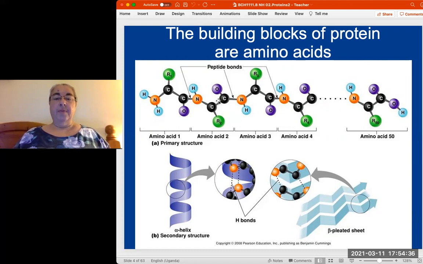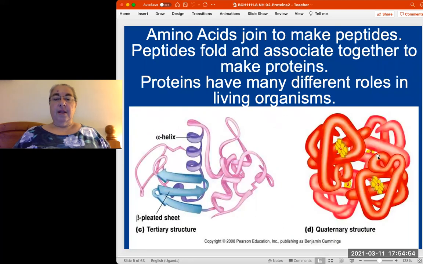Here are a number of amino acids joined together into a long chain. This chain has 50 amino acids, some are much, much longer. And this chain is then folded up to make a protein, and further folding to get the final structure of the protein.